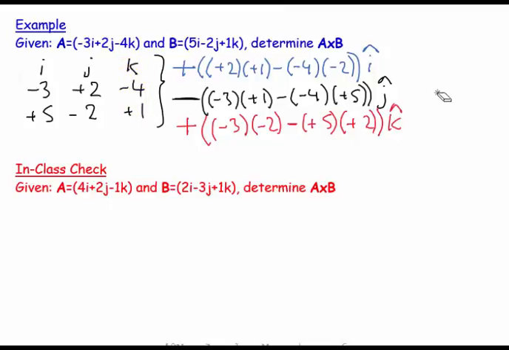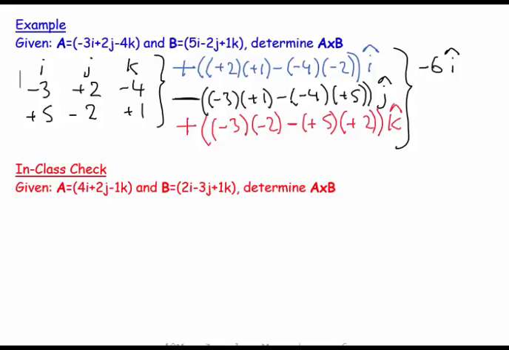Bring that back there. And then let's see what I get. That's going to be 2 minus, that's positive 8. 2 minus 8 is minus 6, so minus 6i. And then this one is minus 3, minus 20.